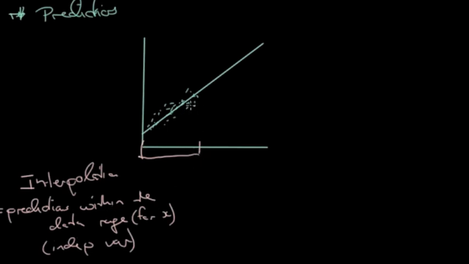So if we say, if this is 5, if we're looking at 5, this is 5 units, so it might be, I don't know, how many years of school someone attended, and then this is related to their income or something.